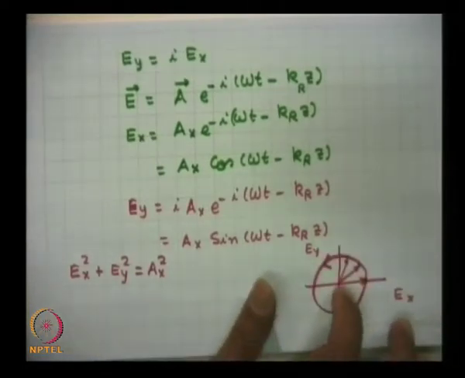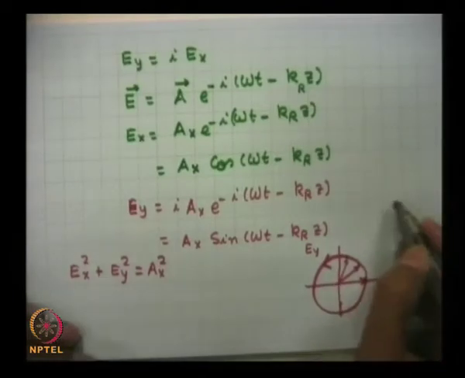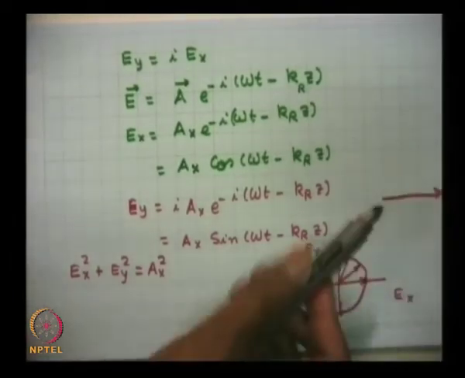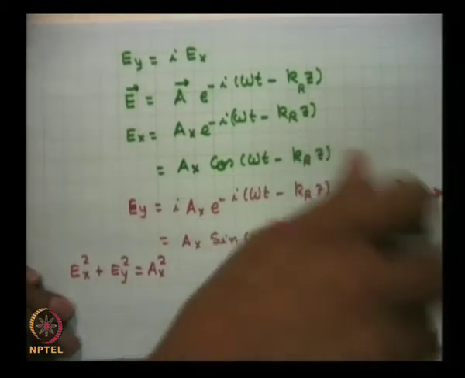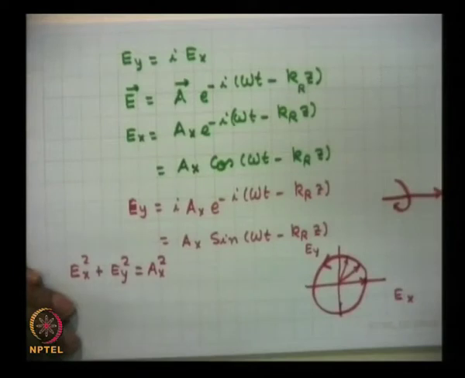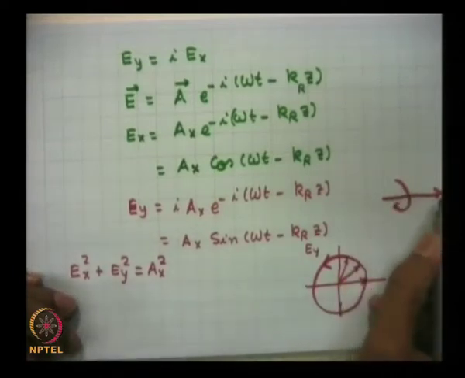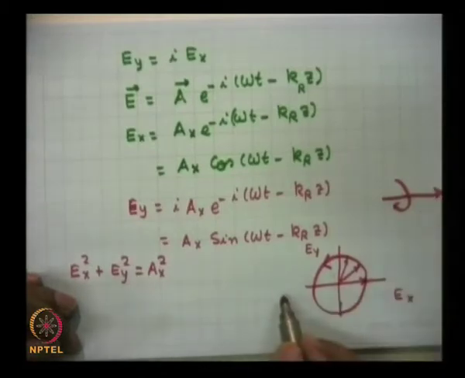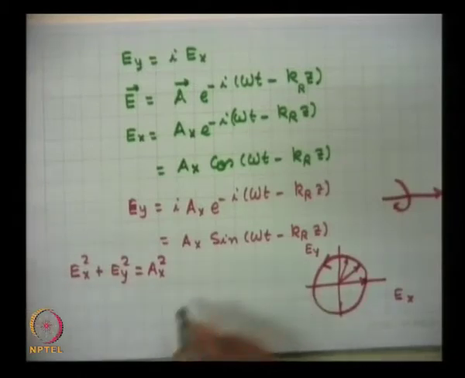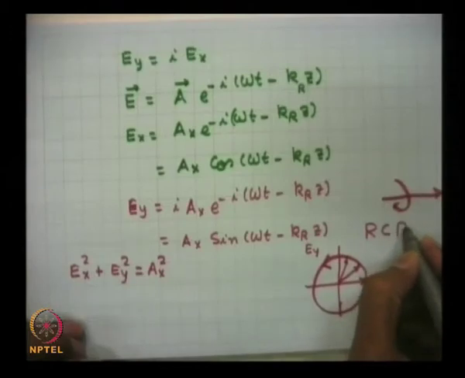What I am saying is that when you view in the direction of magnetic field, and if my electric field rotates in the clockwise sense, in the right-handed screw sense, where the direction of advancement of the screw gives the direction of wave propagation or magnetic field, then such a wave is called a right circularly polarized wave. So this represents an RCP, right circularly polarized wave.